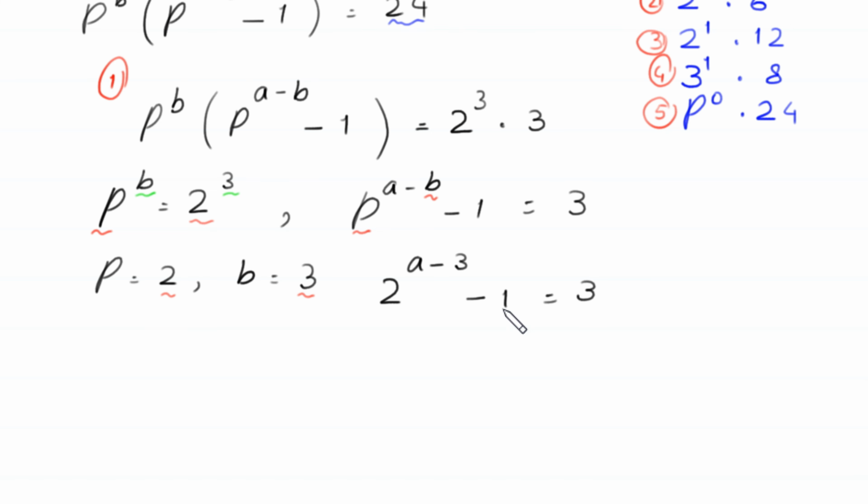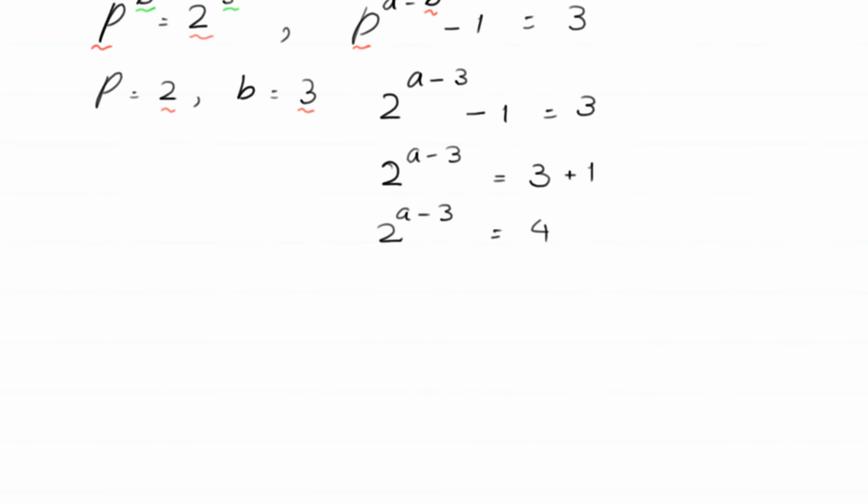Now we move this negative 1 to the right side, then 2 to the power a minus 3 is equal to 3 plus 1, and 2 to the power a minus 3 is equal to 4, and this 4 can be written as 2 squared.